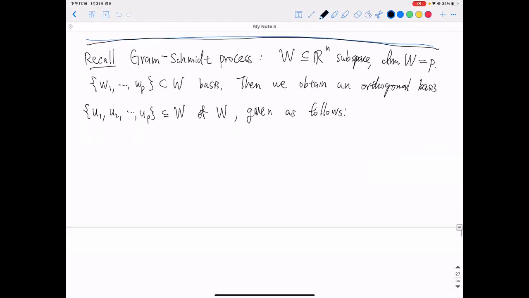Start with U1 is W1, U2 is W2 minus some portion of U1, so W2 dot U1 over U1 dot U1 times U1.